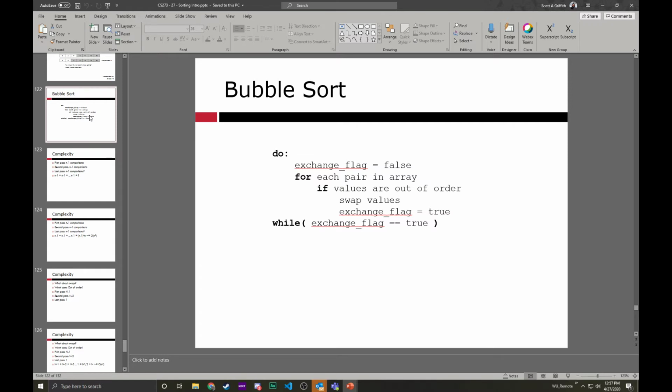So the longer answer to why we have a whole week dedicated to sorting when you're probably only going to use one sort in your life is because it's important to know the nuances. Same thing with containers. You're probably not going to use that many sets in your life as a programmer, right? Some of you will get to the point where that will make a lot of sense and it'll be very good for your application.